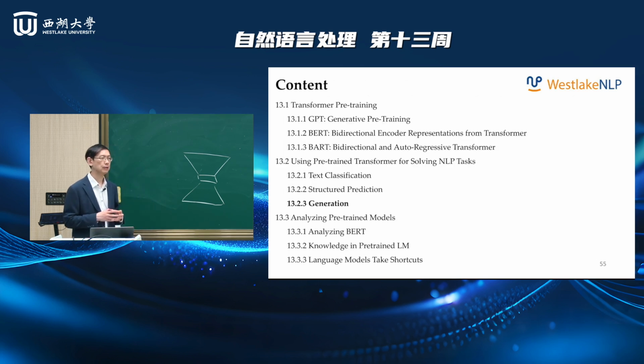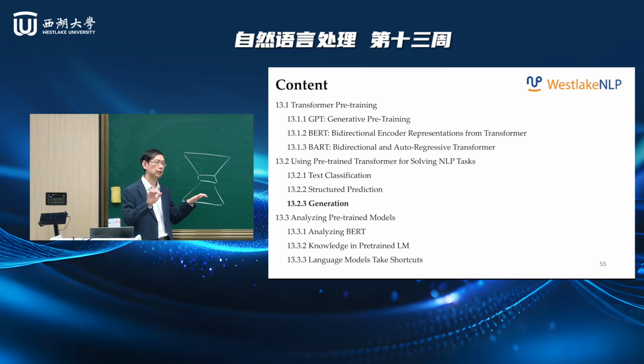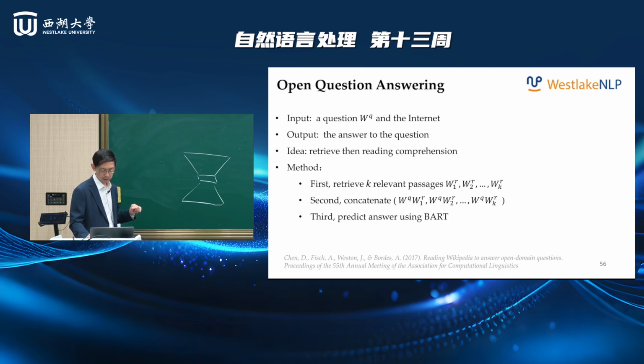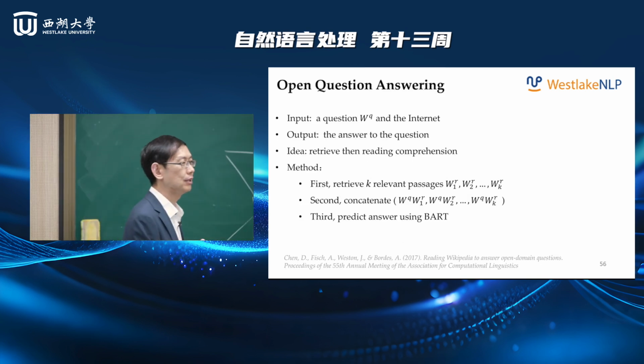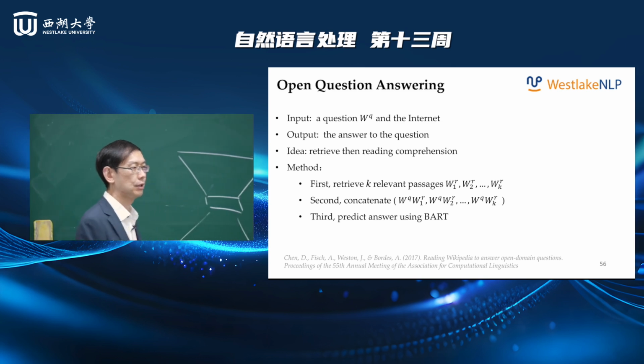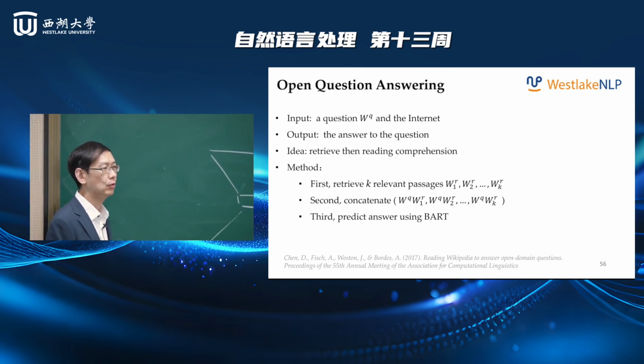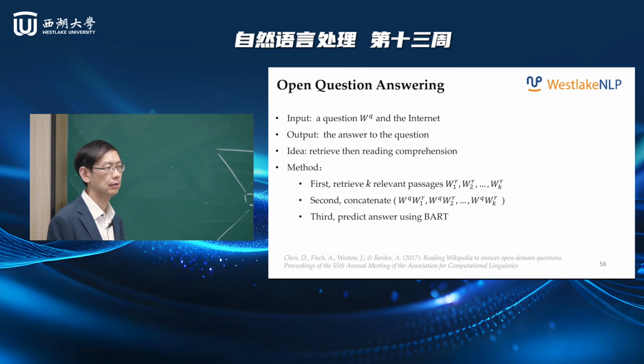This is structured prediction. For generation, the task is even simpler. I showed you for summarization, you can just feed the original sentence as input and use BART to generate the abstract. Here, let's consider a more challenging task. Open question answering. Okay, what is it?